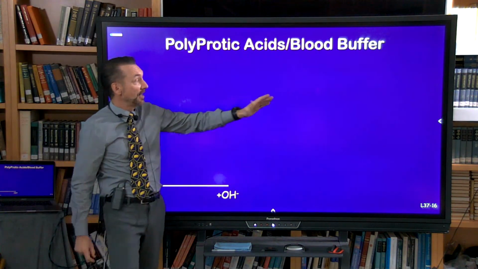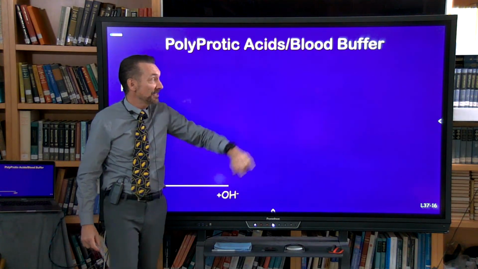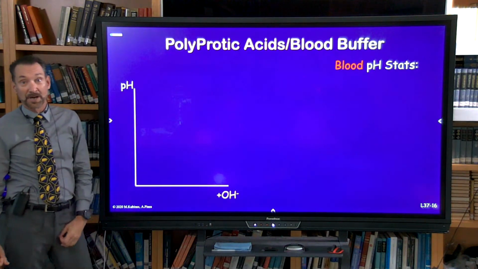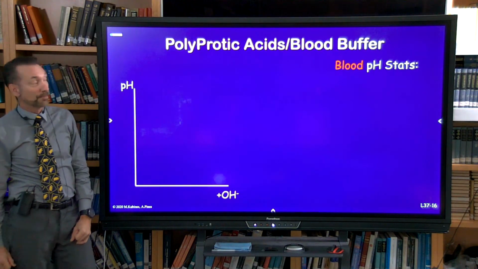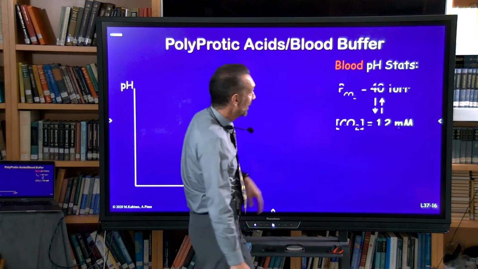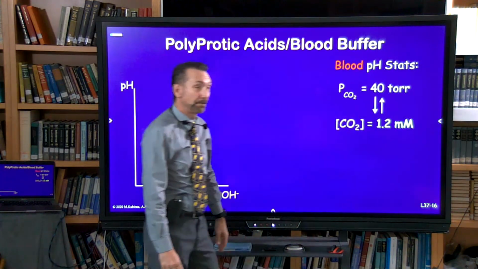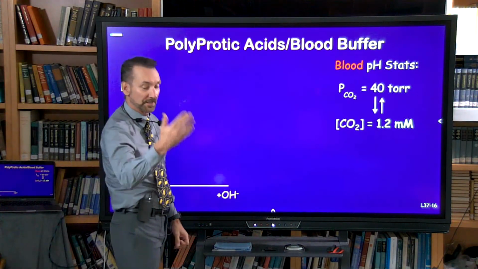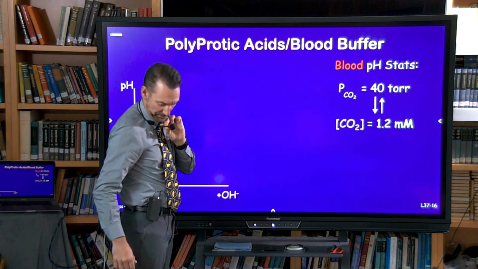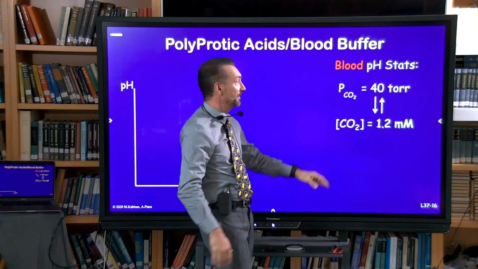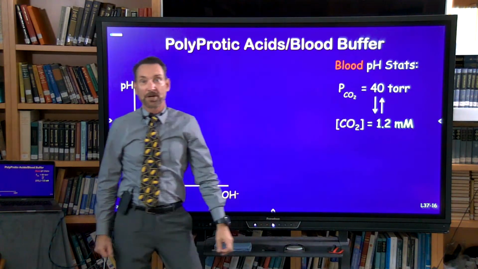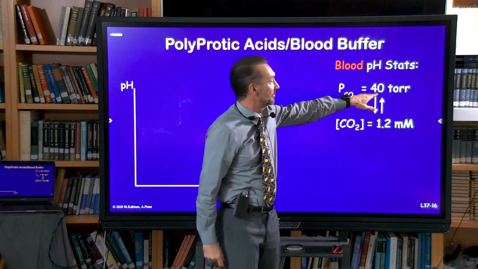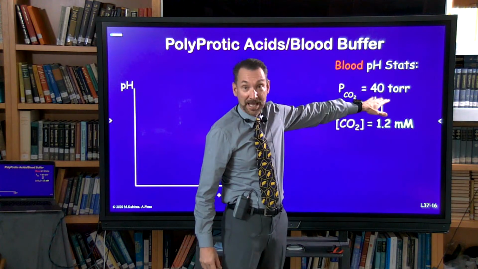So your body takes advantage of the carbonate buffer to keep the pH around 7 in your body. How does it do that? Well, the partial pressure of carbon dioxide in your lungs, if you're breathing consistently, is about 40 torr, and that's quite low. 800 torr is about an atmosphere.